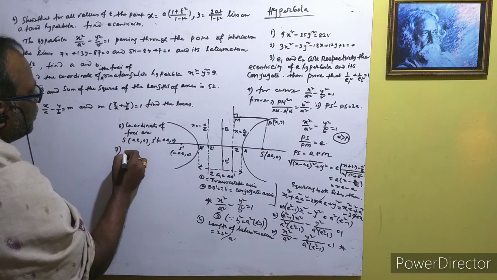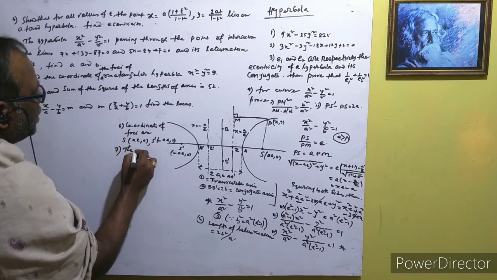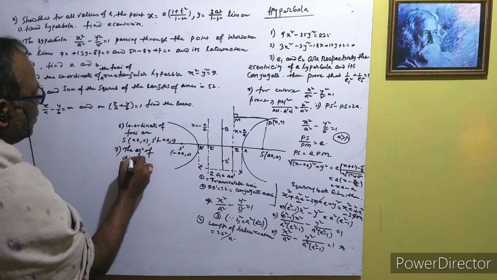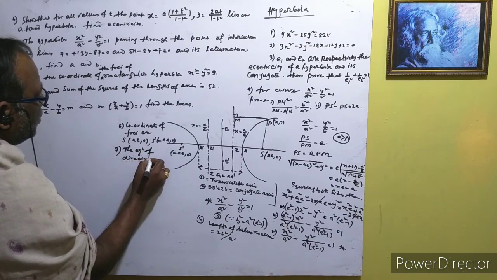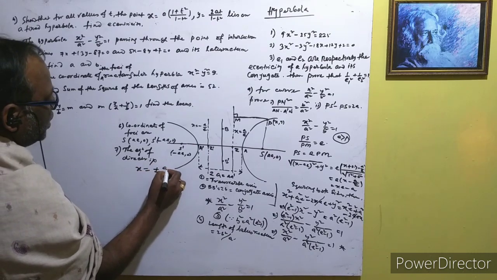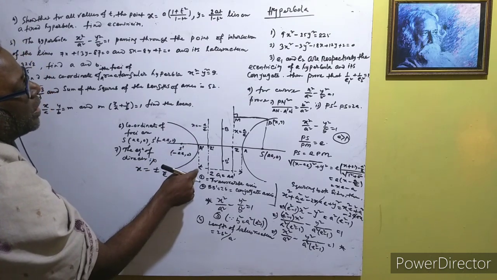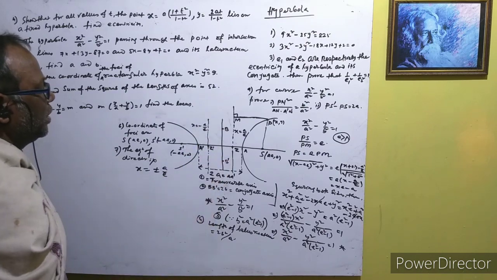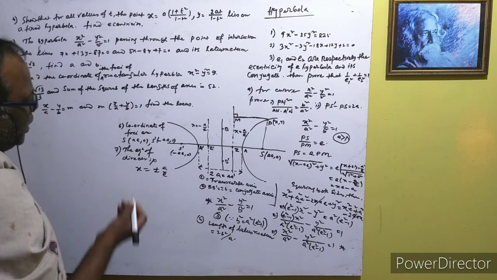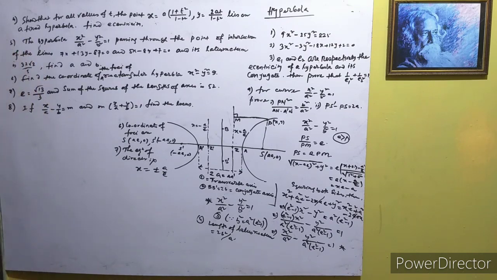Number 7, the equation of directrix: x is equal to plus minus a by e, and this is minus a by e, and this is plus a by e, okay. Okay, and these are all the points which I introduced here. And now see another point.